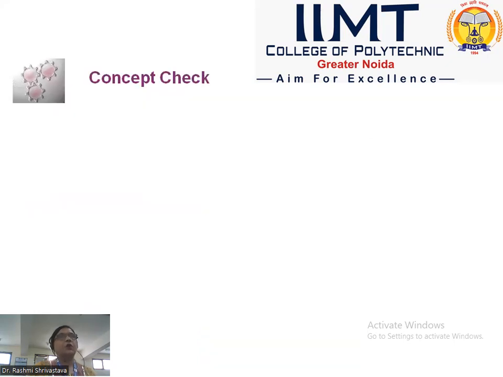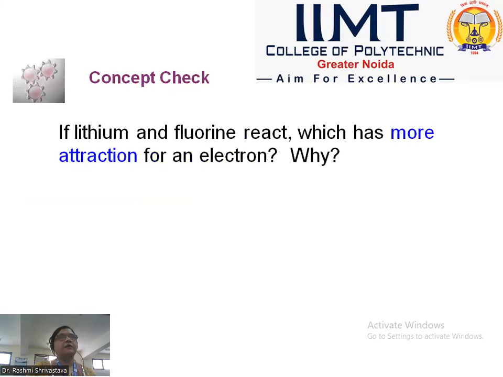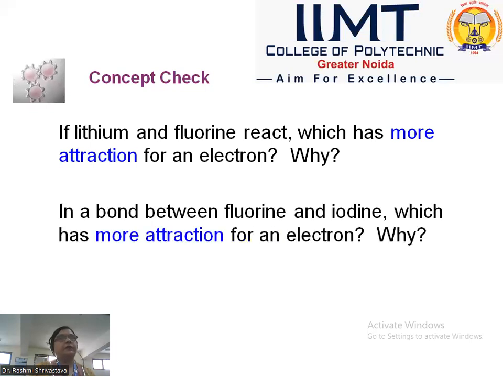Now, concept check. If lithium, which is an element of group 1, and fluorine react, which has more attraction for an electron, and why? In a bond between fluorine and iodine, which has more attraction for an electron, and why?